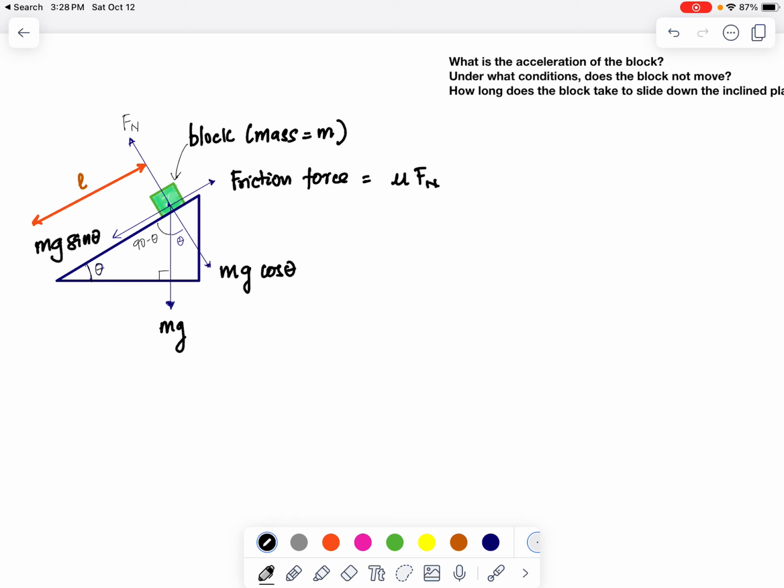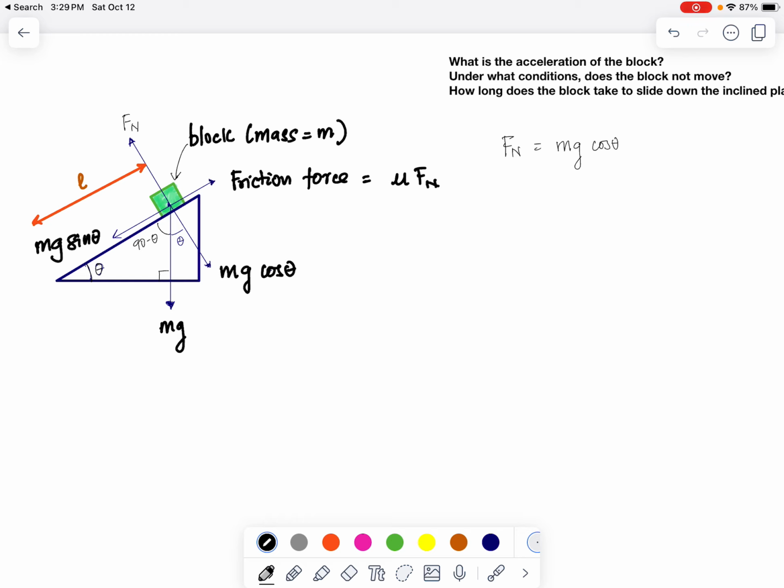So we want to ensure that the forces in this direction are zero, and that happens because the block is neither moving this way nor is it moving that way. Therefore, we can say that Fn here equals mg cosine theta.